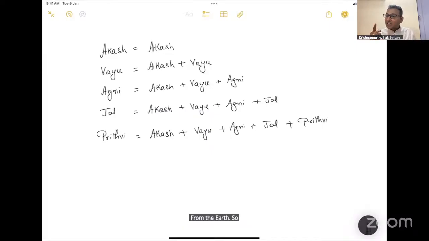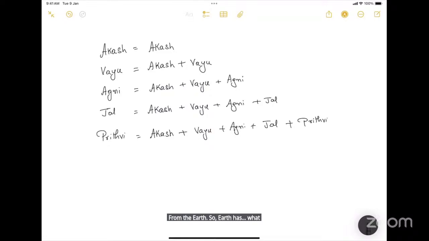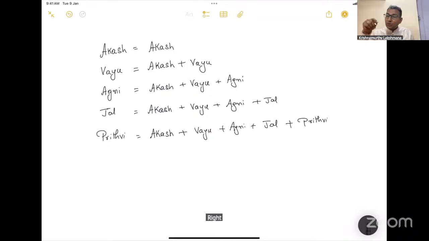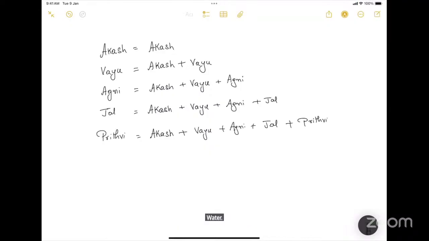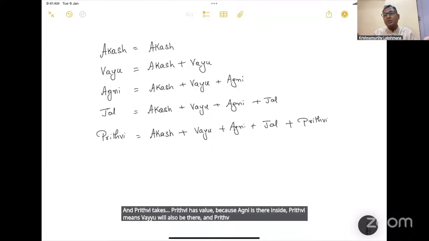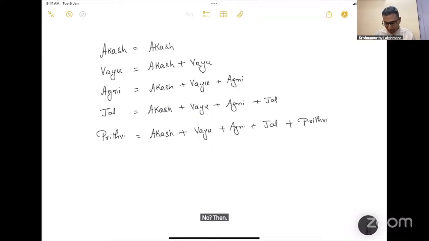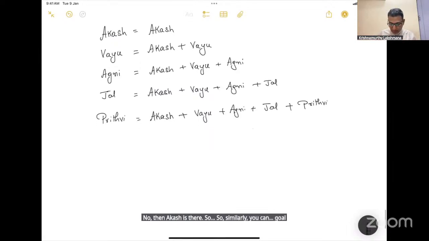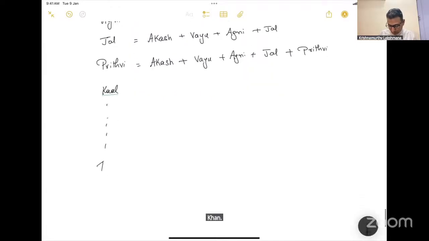So earth has heat, Agni. Right? When you dig the earth, you will also get water, borewell, well, etc. So Prithvi has Jal. And Prithvi has Vayu, because Agni is there inside Prithvi, so Vayu will also be there, and Prithvi takes a volume, so Akash is there. Similarly, you can go in sequence, Kal to Tam. And Tam has everything.